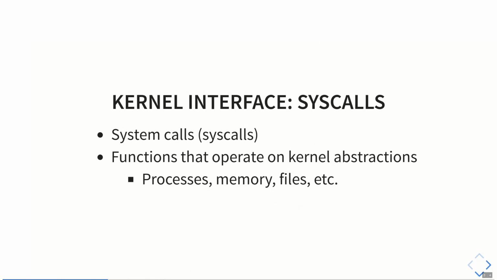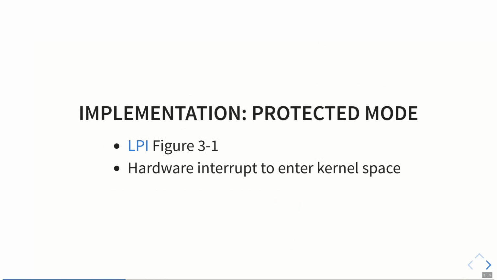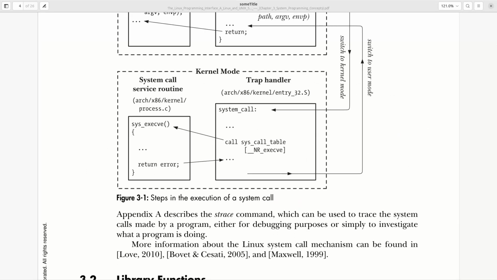If you want to learn more about how the kernel creates these abstractions, take an operating systems course or read the Operating Systems: Three Easy Pieces book that I've linked in these notes, or you can Google it. So let's take a look briefly at this Linux Programming Interface diagram that they've got here.